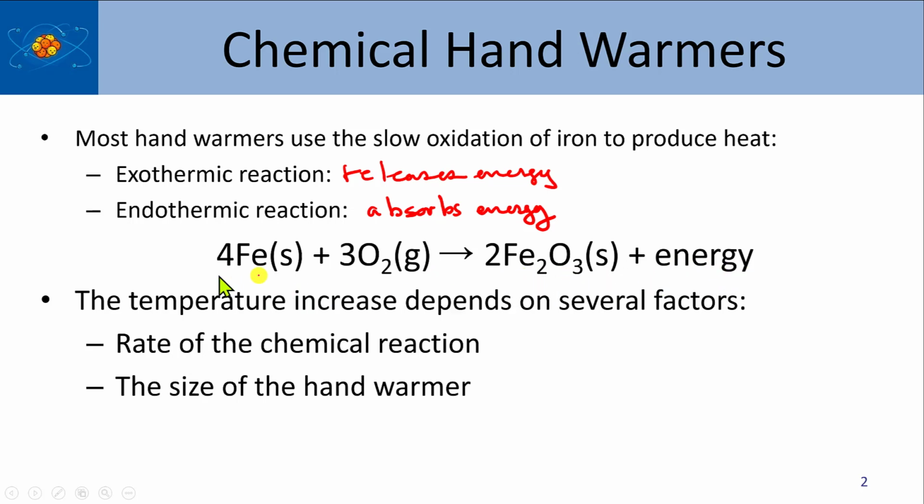So this hand warmer reaction is actually just a slow combustion of iron. Remember, it uses oxygen and produces heat. Produces some energy, it is a type of exothermic reaction.